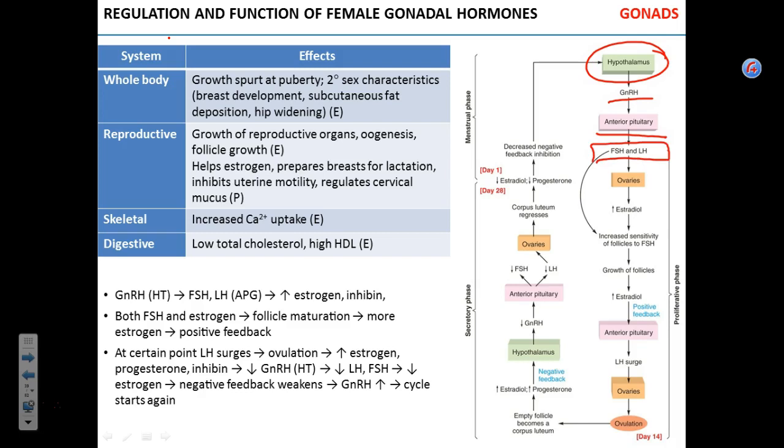And then things become interesting because first it stimulates ovaries to release estrogen or estradiol. I prefer estrogen, they're synonyms. Okay? So luteinizing hormone stimulates estrogen. Follicle stimulating hormone stimulates follicles. Estrogen is needed so follicles become sensitive.